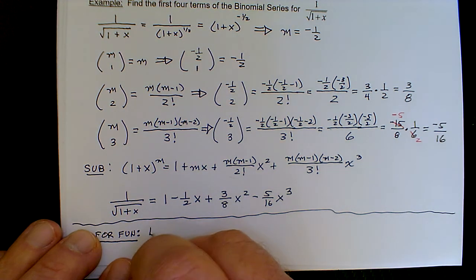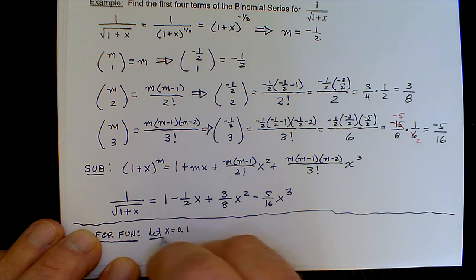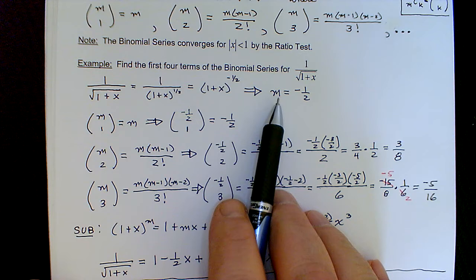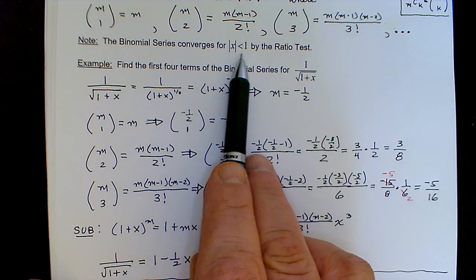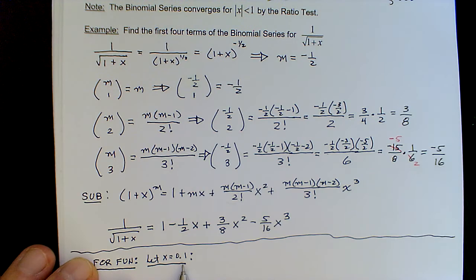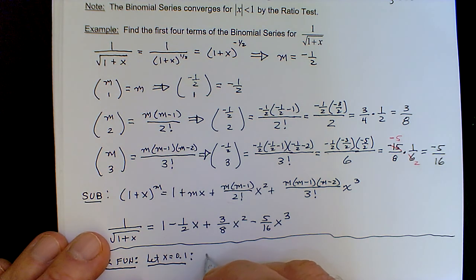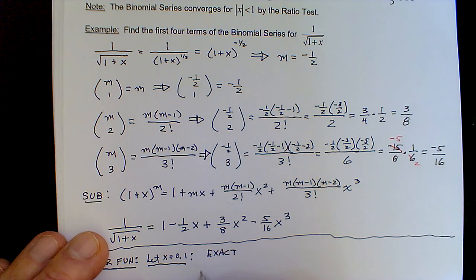Let's say you can let x be 0.1, because we made the note up here earlier that it converged for the absolute value of x being less than 1. So safely I'm going to pick 0.1. And then I'm going to calculate the exact value, which would be 1 over the square root of 1 plus 0.1.